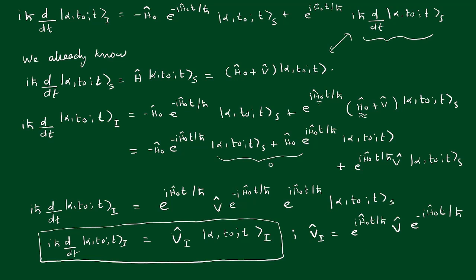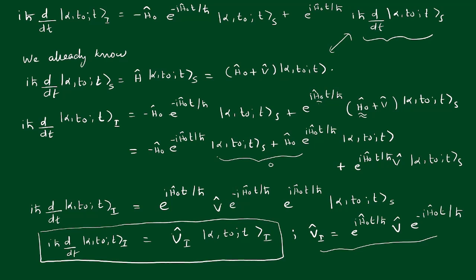Now we'll use this as a guide. We see that the interaction picture state's evolution is governed by the potential energy part of your Hamiltonian. And do we have our operator evolution yet? The evolution of the operator itself is governed by this H0.